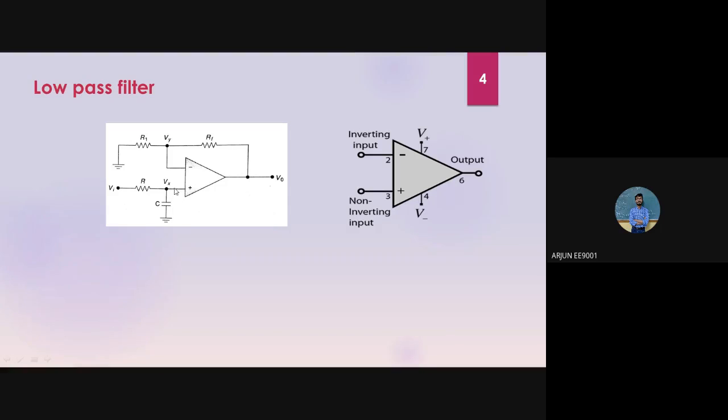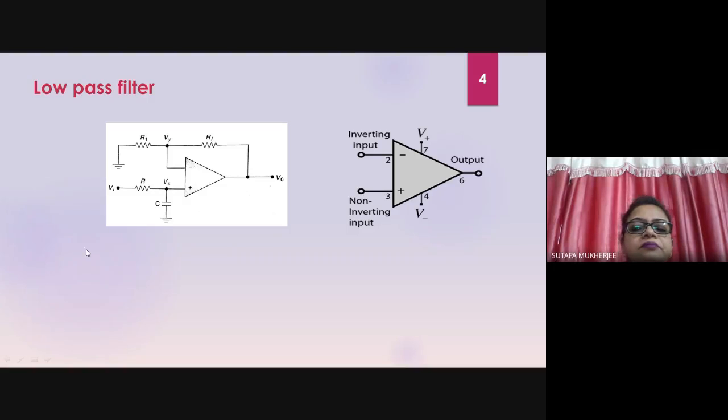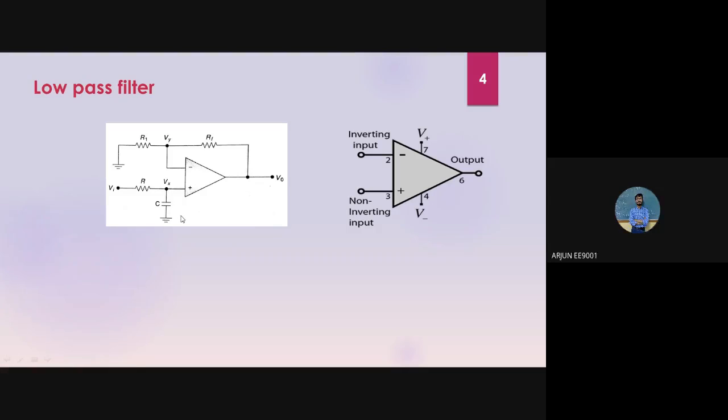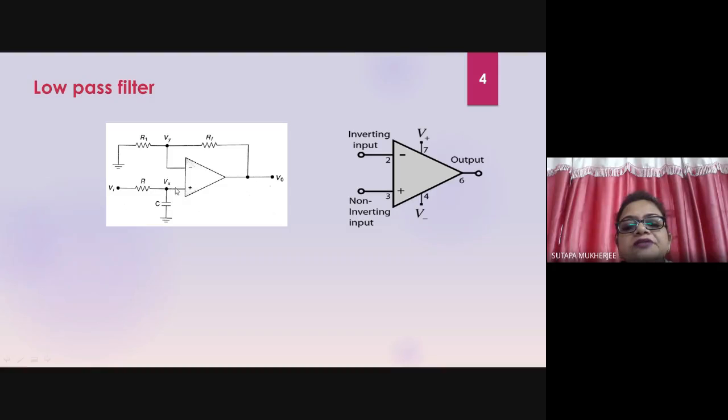Ma'am, Vi minus Vx by R equal to Vx minus 0 by 1 by J omega c. What Arjun has told, Vi minus Vx by R, which someone else also told me, will be equal to Vx divided by capacitive reactance.